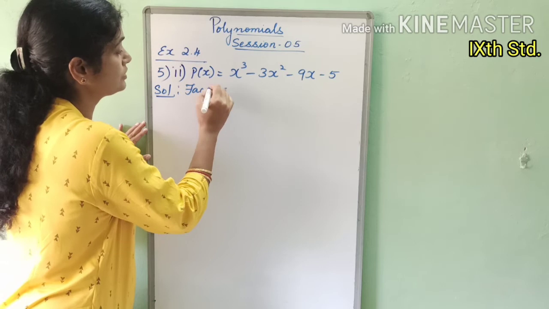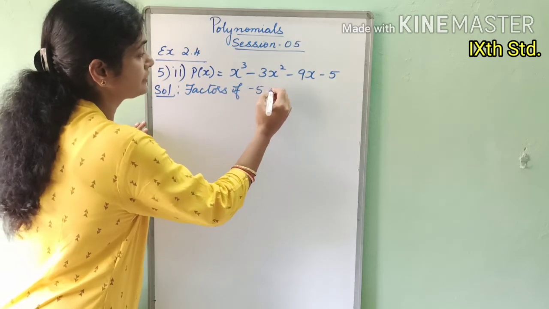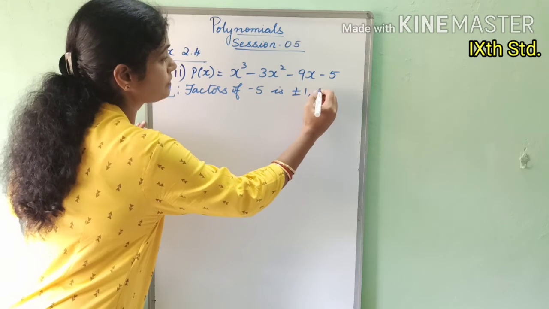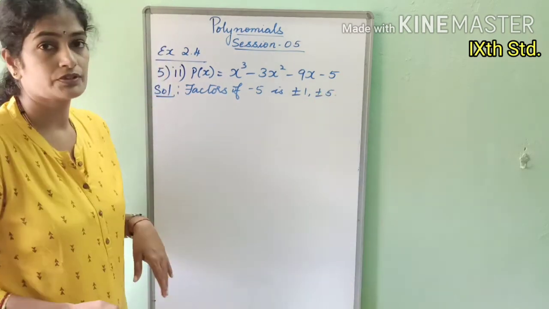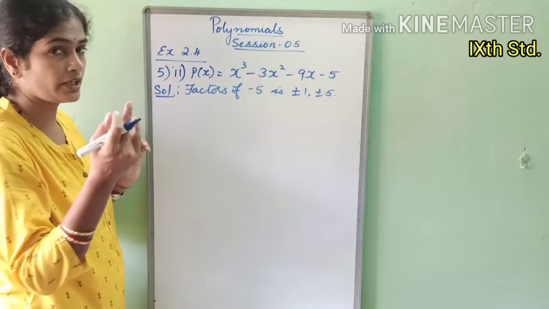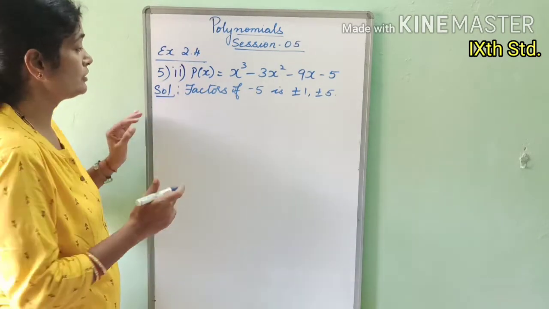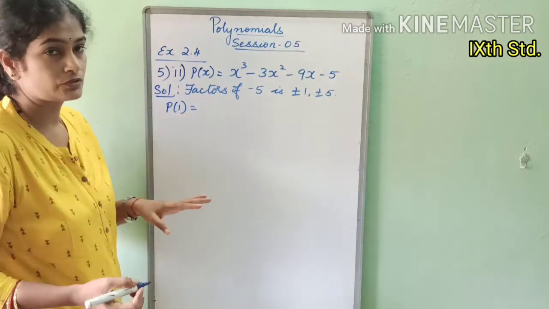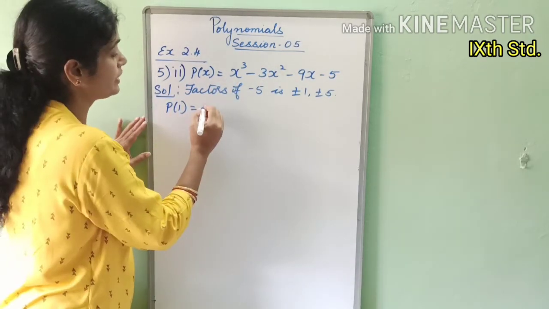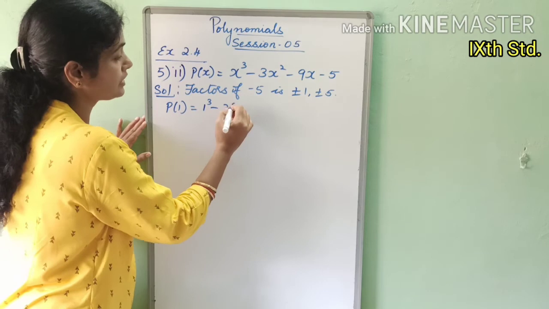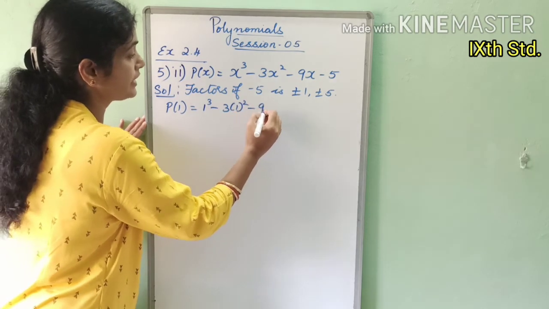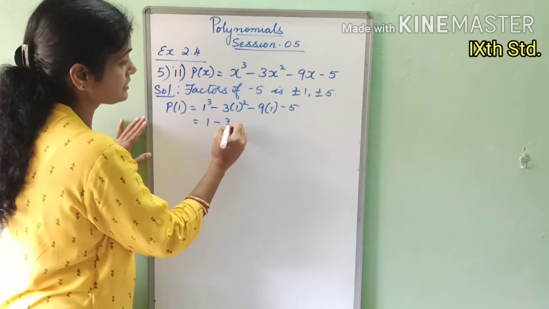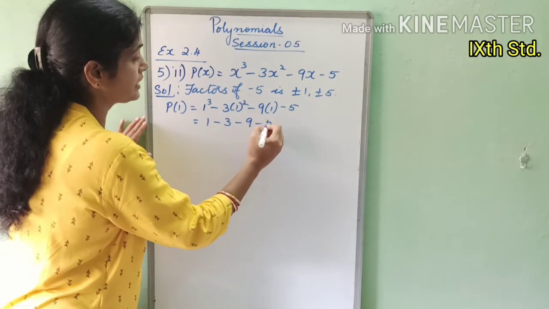Factors of minus 5 are plus or minus 1 or plus or minus 5, right? Now by trial and error method, let's try to find the 0. So we'll see first with p of 1. Okay, p of 1 will be 1 cube minus 3 into 1 whole square minus 9 into 1 minus 5. So 1 minus 3 minus 9 minus 5.